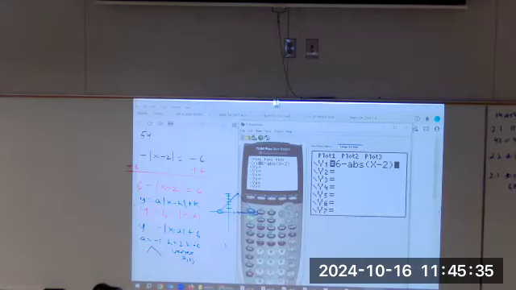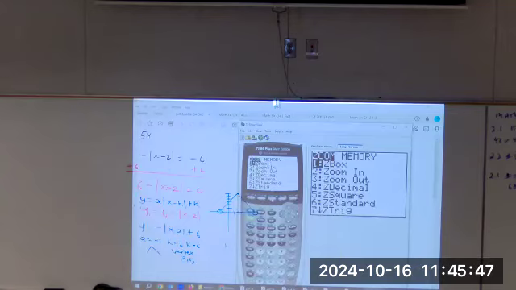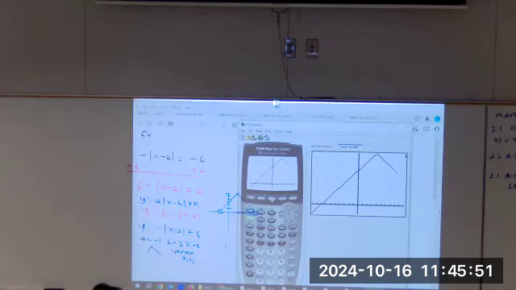So 6 minus the absolute value of x minus 2. And I'm going to give us one simple little window from -5 to 5. And let's do a zoom.